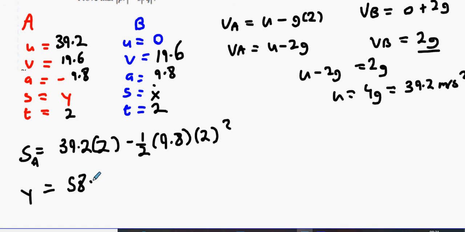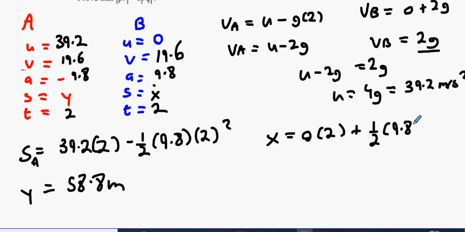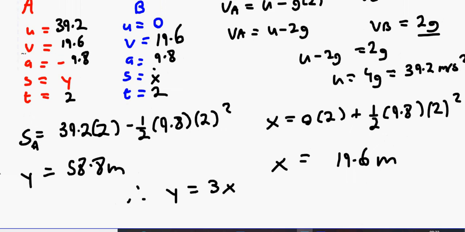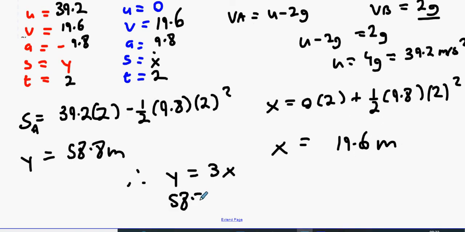And the x value is also ut plus a half at squared. What do you get there? And what can we say then? Therefore, y equals 3x. 58.8 equals 3 times 19.6.